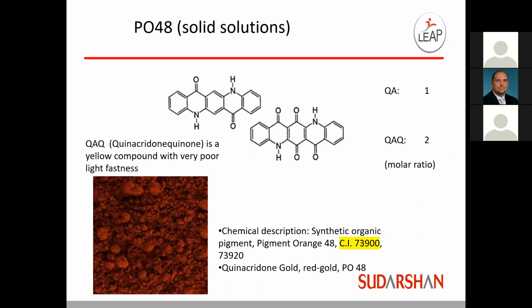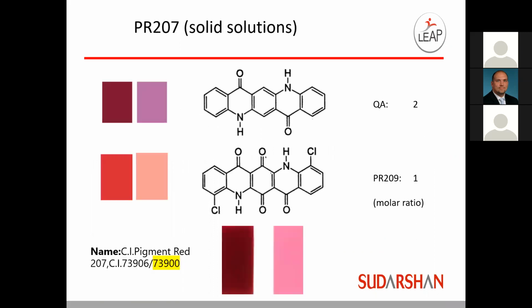The second type of solid solutions that I mentioned earlier results in the Pigment Red 207. Here we are combining the quinacridone, the violet 19, and the Pigment Red 209 that we discussed earlier in a molar ratio of 2:1. And here you can see that it also carries the similar naming context as before.